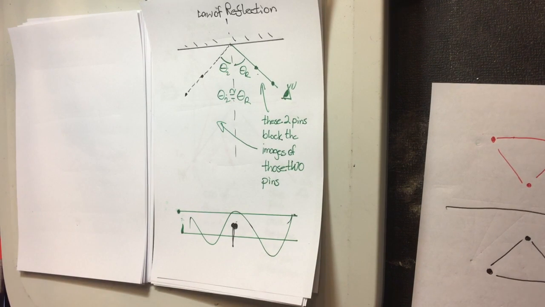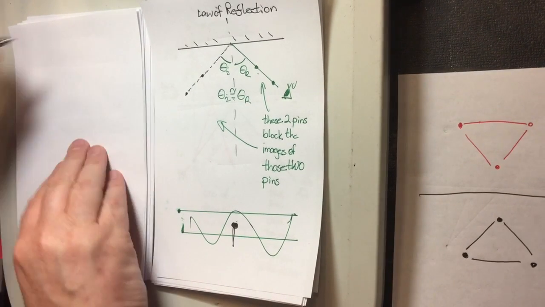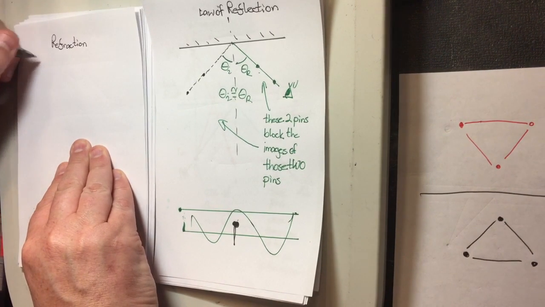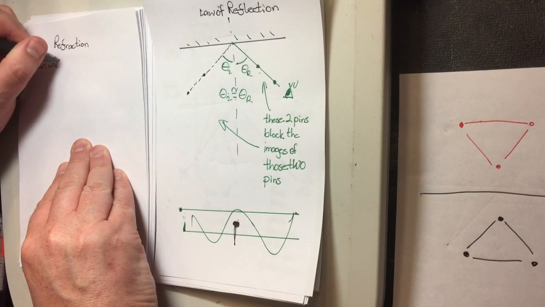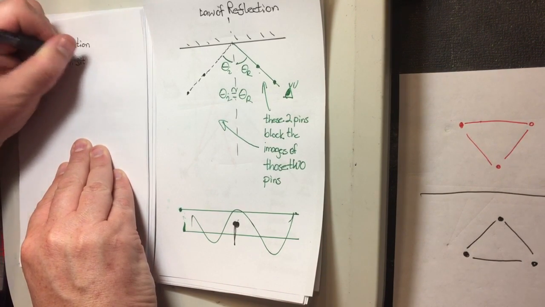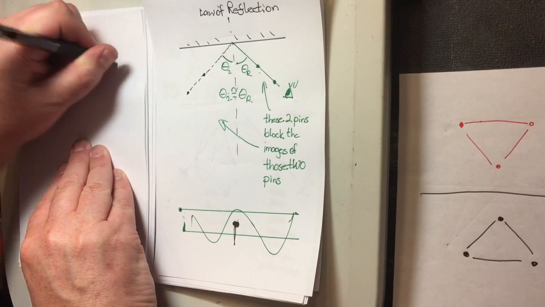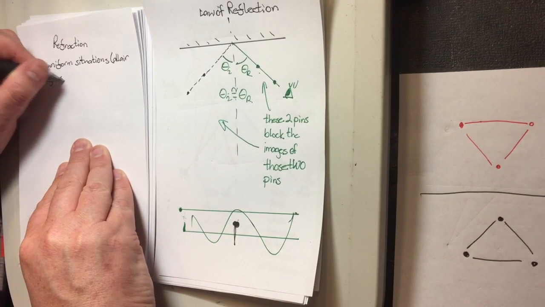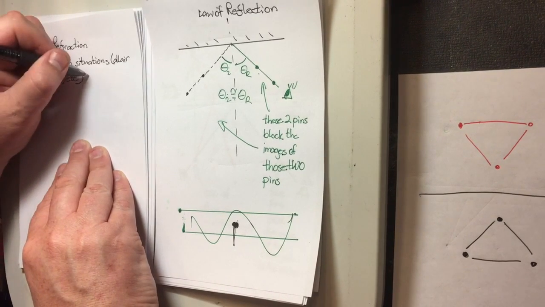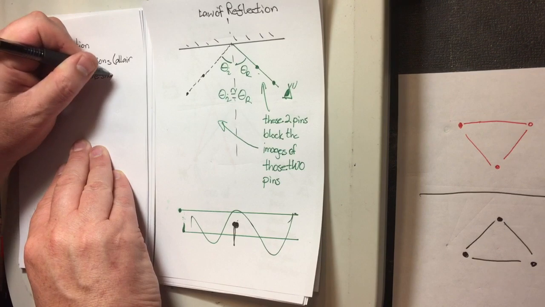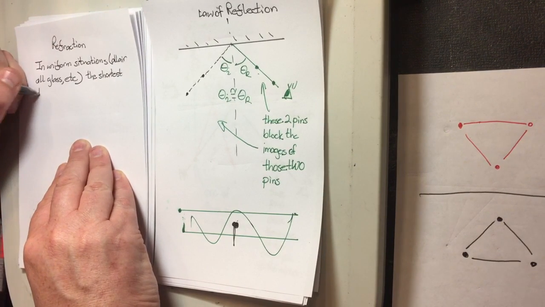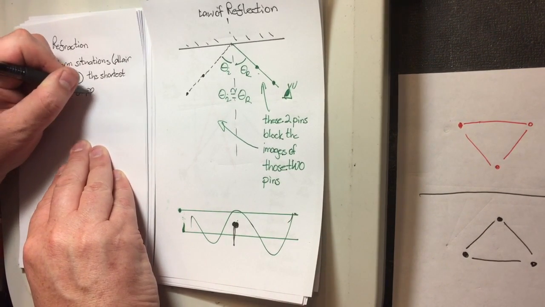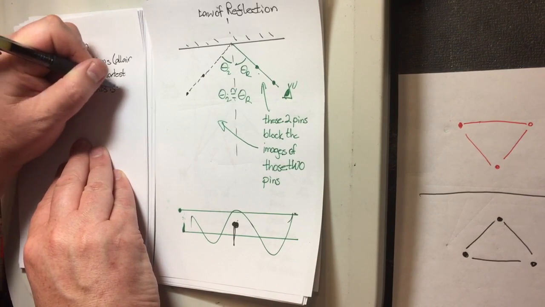Now, refraction. In uniform situations, all air, all glass, etc., the shortest distance between 2 points is a straight line.